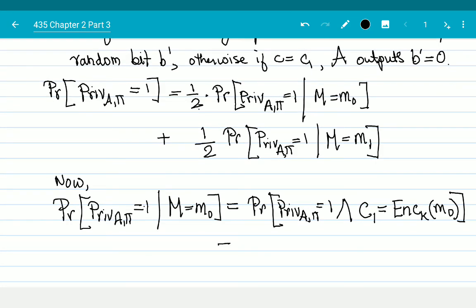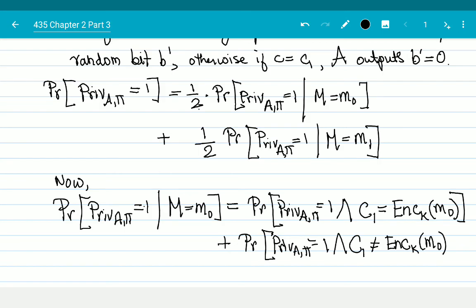Or plus the probability that the encryption was not c1 and the message was m0.